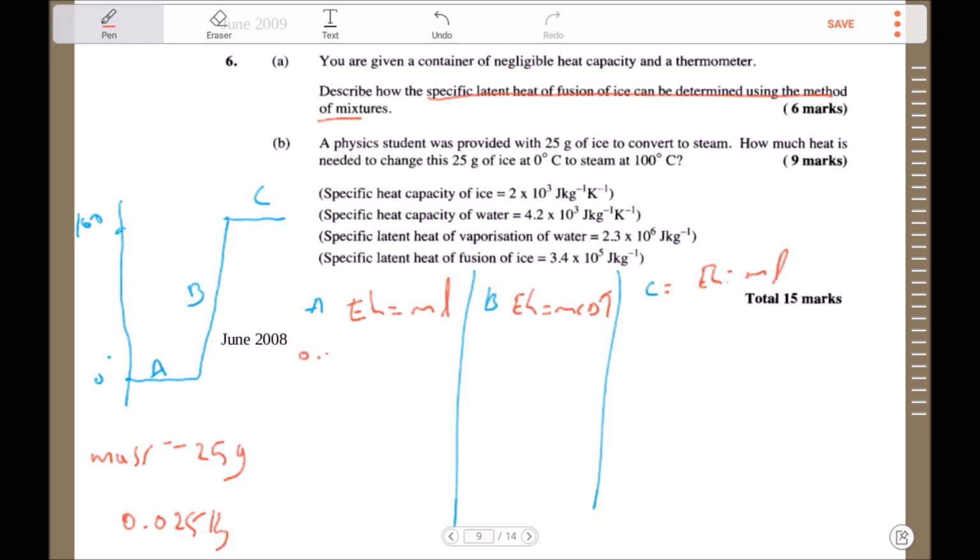So 0.025 times our latent heat of fusion of ice, 3.4 times 10 to the 5th. So that is 8,500.